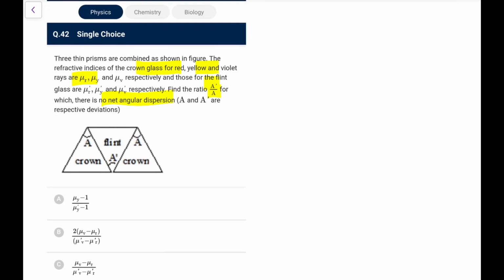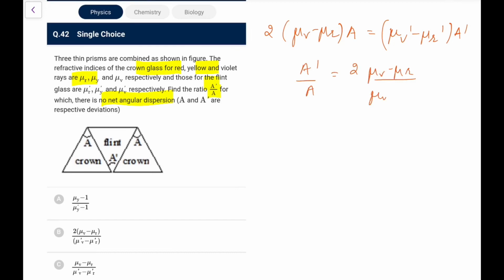The dispersion by the crown glasses would be 2 times (mu v minus mu r) into A, and that should be balanced by the other prism, because it would be rotating in the opposite direction. So that would be (mu v dash minus mu r dash) into A dash. So the ratio of A dash to A would be 2 times (mu v minus mu r) upon (mu v dash minus mu r dash).